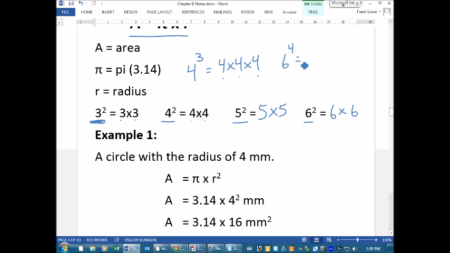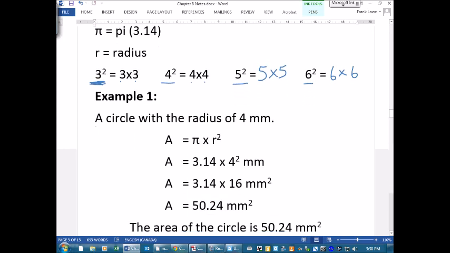What would that be? 6 times 6 times 6 times 6. So that's how exponents work. In what we're doing right now, we won't ever do anything past 4 squared. When you get to grade 8, they do more with cubed, because they're calculating volume instead of area. But for our purposes, it'll just be squared. I just wanted to show you that.